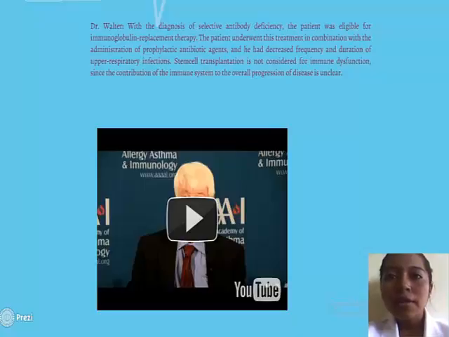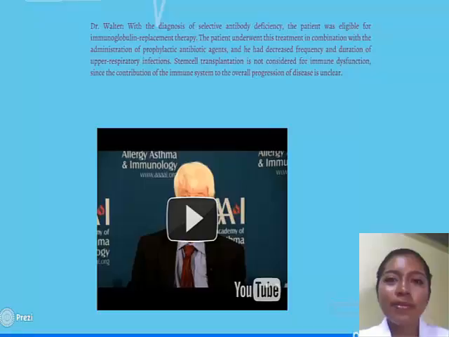Stem cell transplantation is not considered. For immune dysfunction sees the contribution of the immune system to the overall progression of disease in prion. You can see linear.